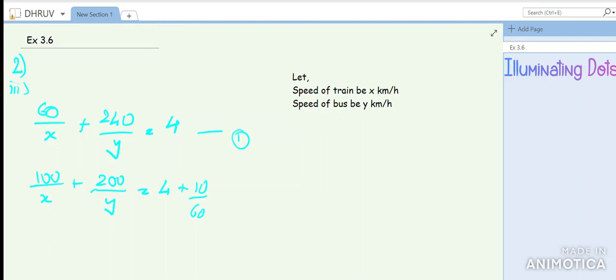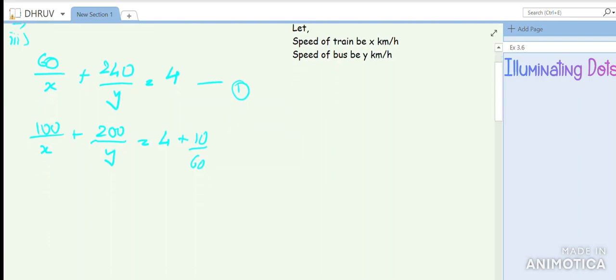Now if I solve this, the second part goes like 100 upon x plus 200 upon y is equal to 6 4s are 24, 240 plus 10 is 250 upon 60, so the zeros cancel, is equal to 25 upon 6. I do not know how to solve this ahead, you can solve it by yourself.